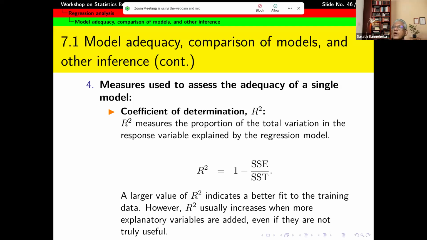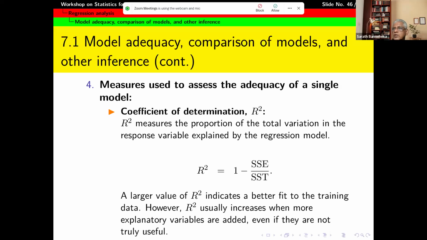And suppose, for example, you have a model with 5 variables, your R square is equal to 0.7. And suppose when you add several other variables, it becomes 0.8, right? So now the model with more variables has R square 0.8, but of course, it has a large number of variables also, right? So in that case, it's not going to be considered a good model, right?